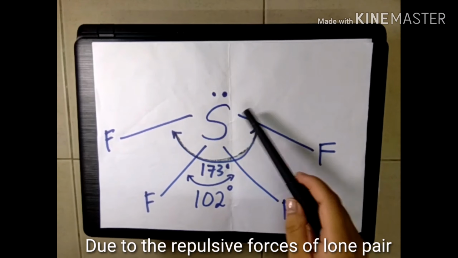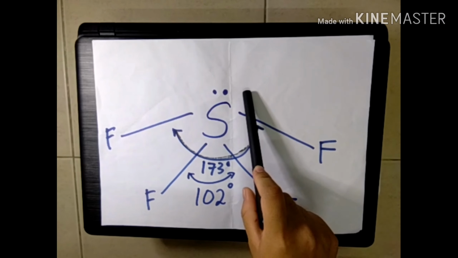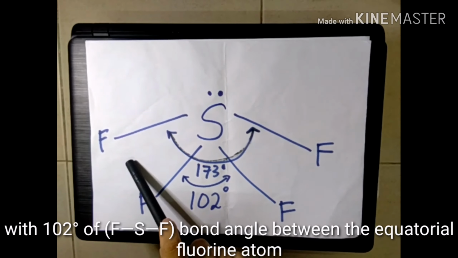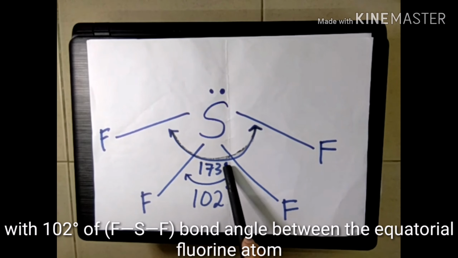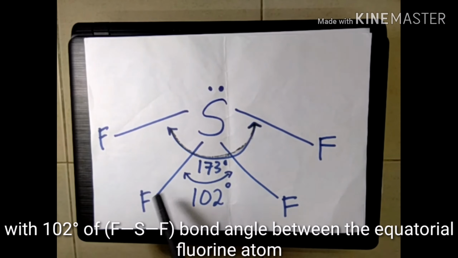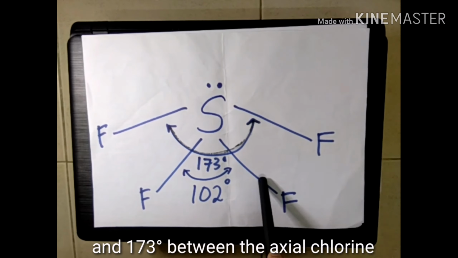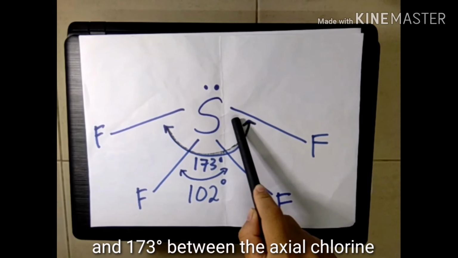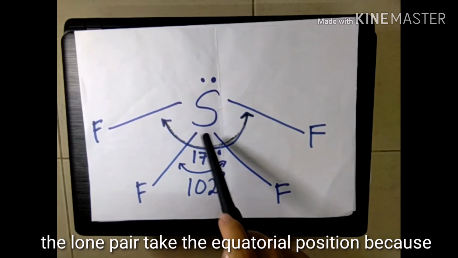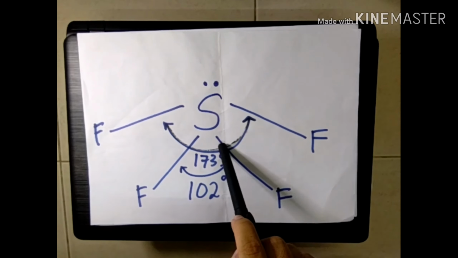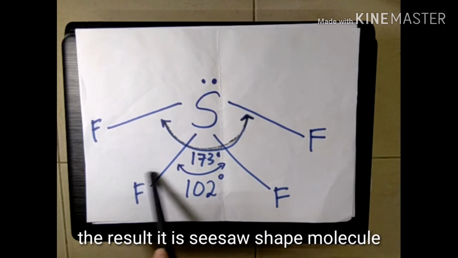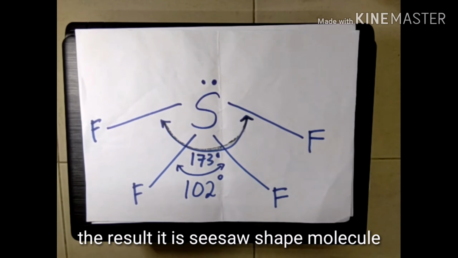Due to the repulsive forces of the lone pair, these are arranged in a trigonal bipyramidal shape with 102 degree FSF bond angles between the equatorial fluorine atoms and 173 degrees between the axial fluorine atoms. The lone pair takes an equatorial position because it demands more space than the bonds. The result is a seesaw-shaped molecule.